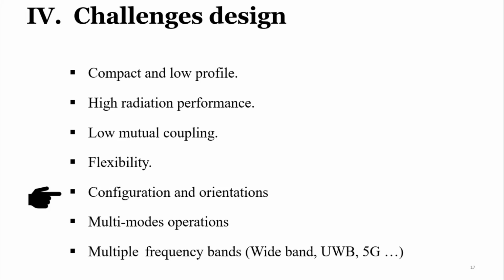So about configuration, if I have array antennas that function for multiple resonance frequencies, for example 4 or 5 frequencies, that is better than array antennas that function for just one single frequency. Okay, so multiple frequencies are better than an array antenna that functions for just one resonance frequency.